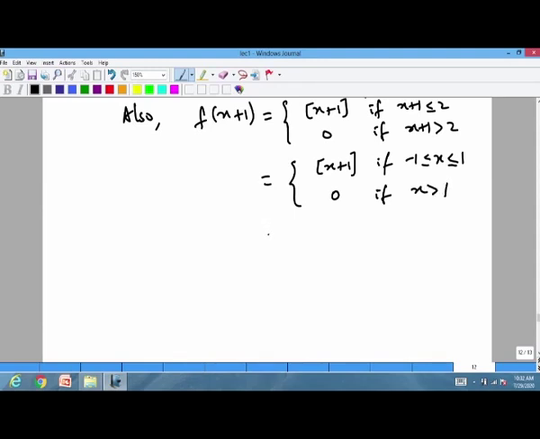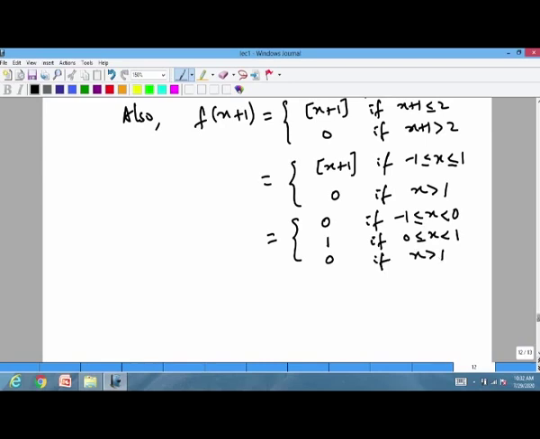Now, again this greatest integer of x plus 1 will be equal to 0 if x is less than 0 and greater than or equal to minus 1. And if x is greater than or equal to 0 and less than 1, then x plus 1 is greater than or equal to 1 and less than 2, so the greatest integer will be 1. And this is equal to 0 if x is bigger than 1.